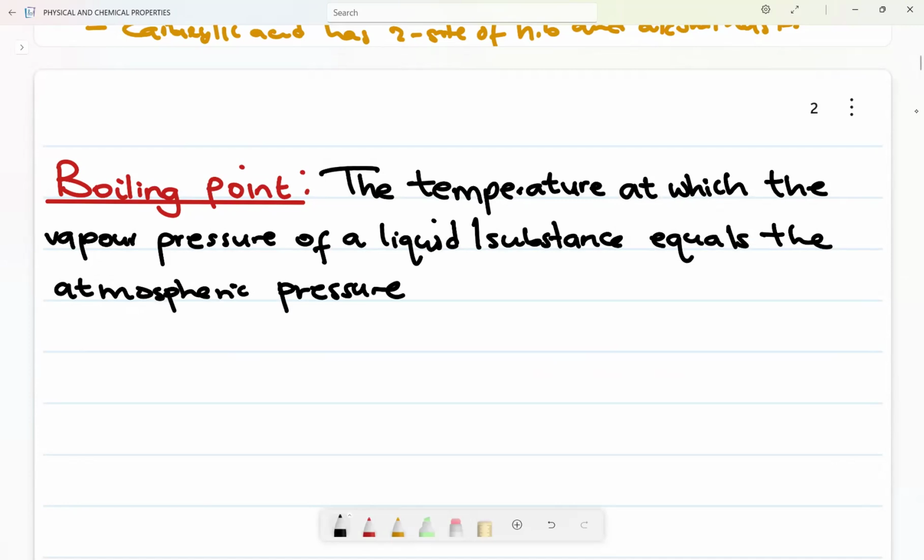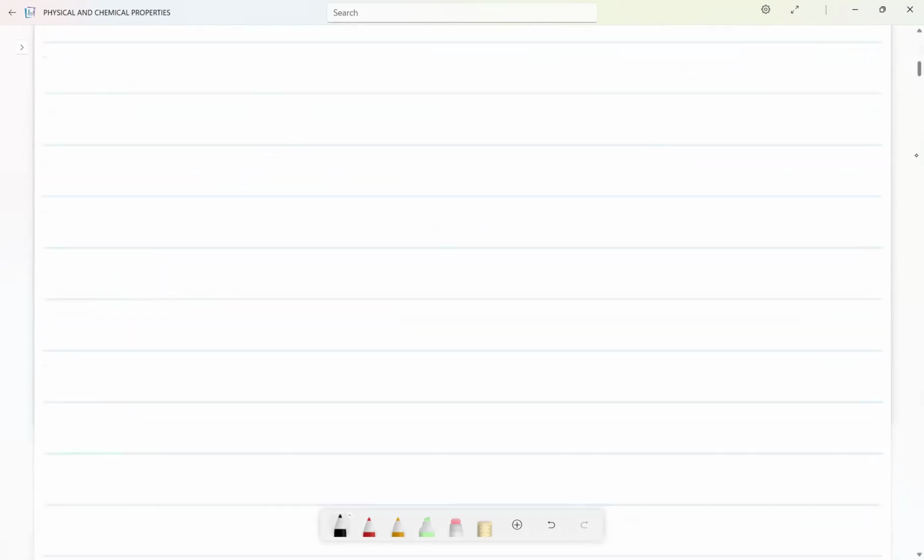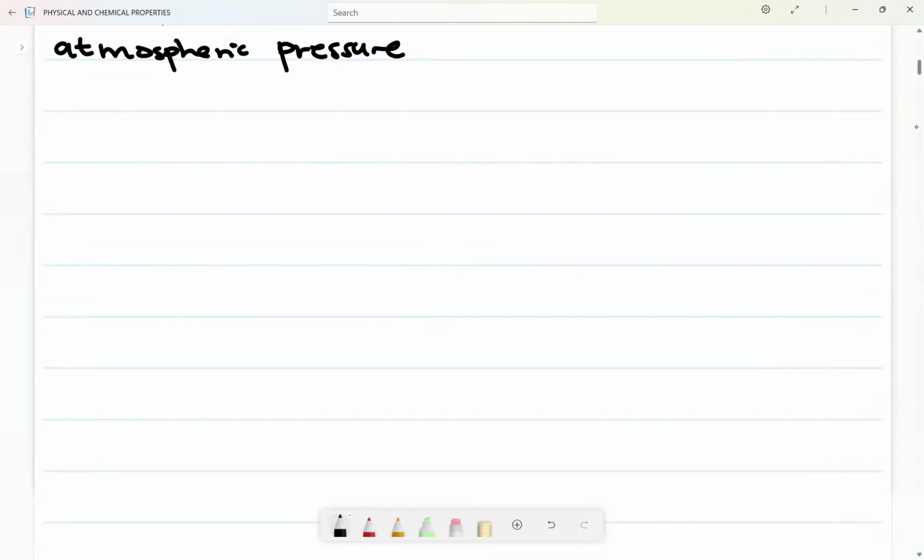Now that we have defined the boiling point, how about we interpret a graph that involves the boiling point of certain compounds?